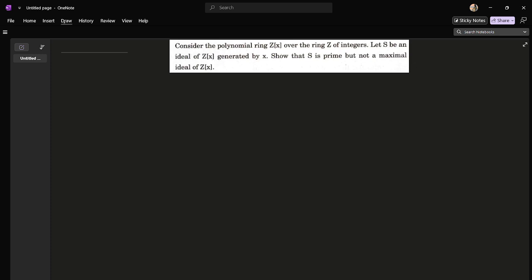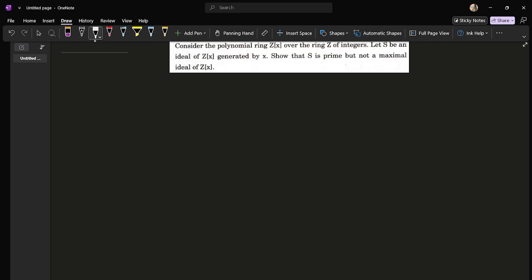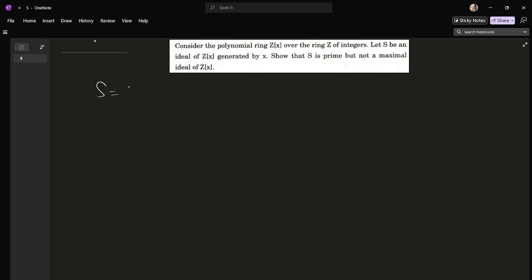Now, S equals <x>, as it's generated by x in the ring Z[x], which is the set of all polynomials with integer coefficients. Especially we must show that S is a prime ideal and it's not a maximal ideal.